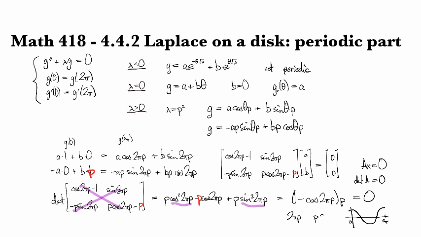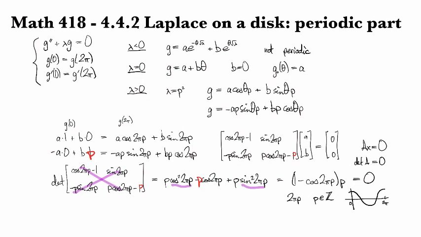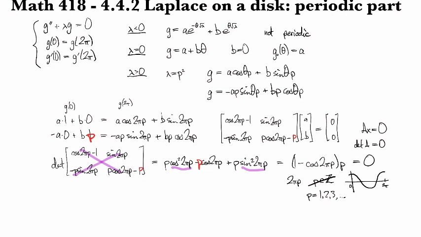So I need p to be an integer, except we're looking at the case of positive numbers right now, so I need p to be 1, 2, 3, and so forth. With that in mind, I get a spectrum: lambda n equals n squared, and corresponding eigenfunction g n equal to a n cosine n theta plus b n sine n theta, for n equals 1, 2, 3, and so forth.